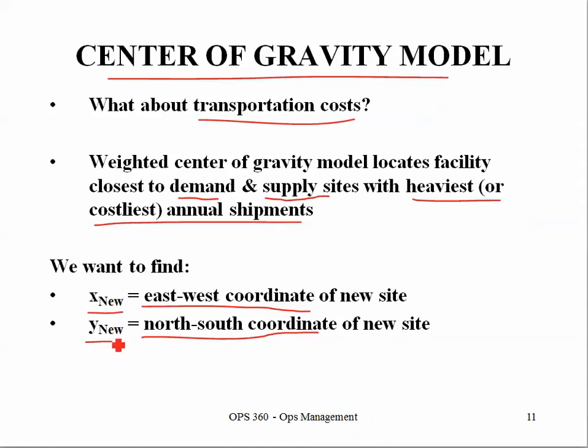So we're going to have these coordinates x and y, east-west and north-south coordinates, for all the existing demand and supply sites. We want to determine the coordinates for the new site we're trying to locate.